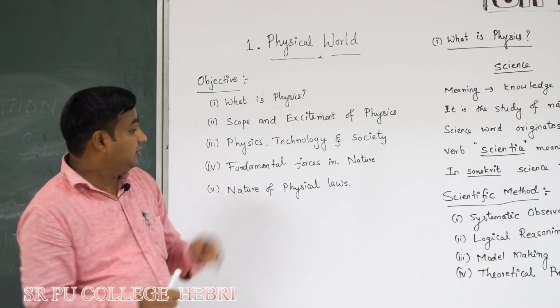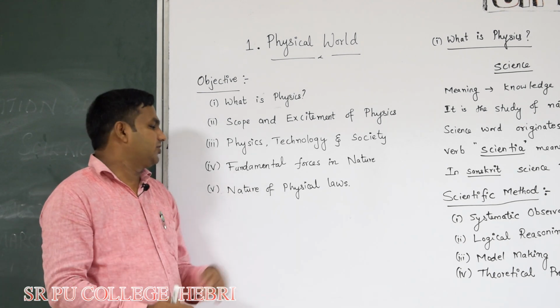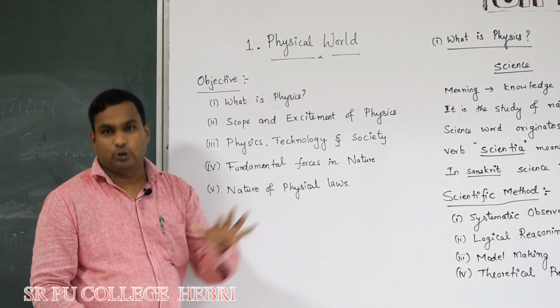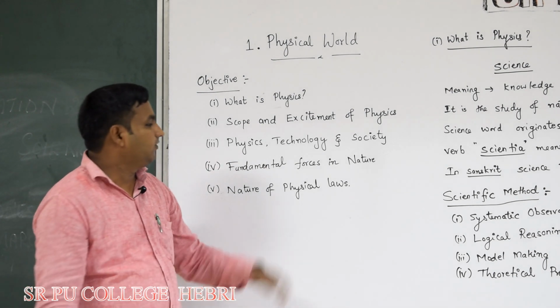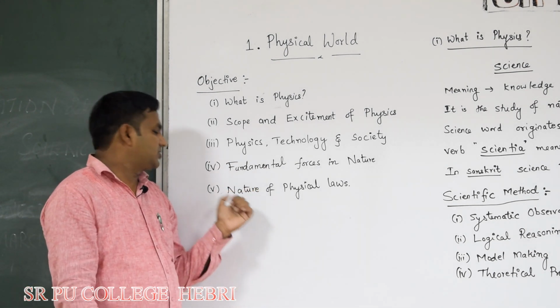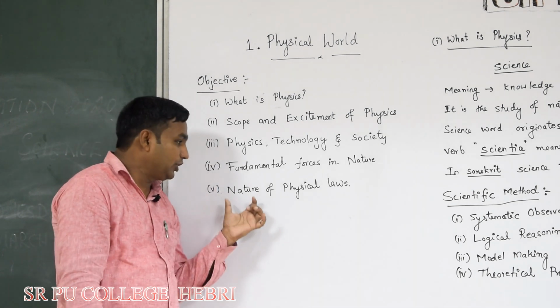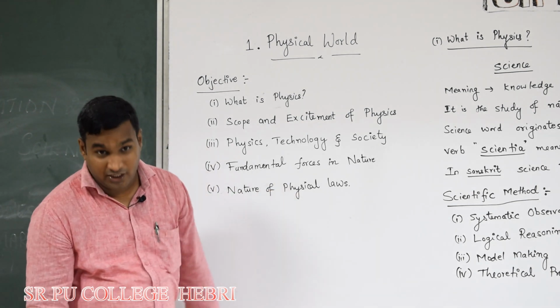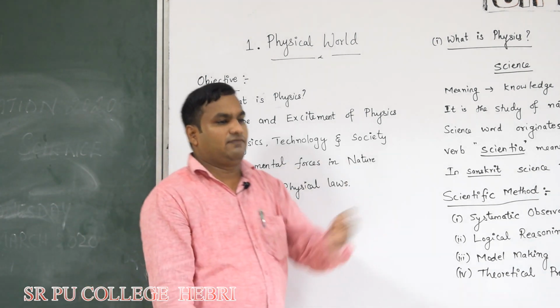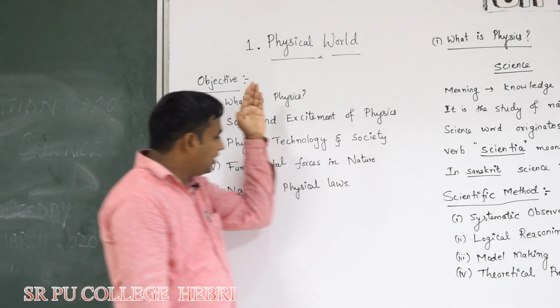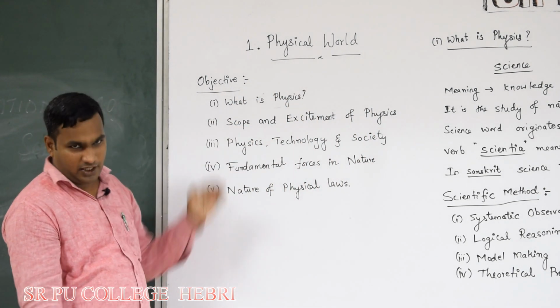That mainly comes under nature of physical laws. What are the qualities required for a physical law? That we discuss under the fifth objective part of this chapter, called nature of physical law. Dear student, in continuation of this, we discuss all these objectives one by one.